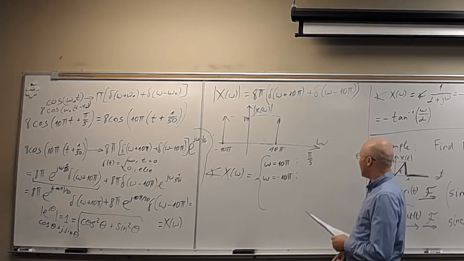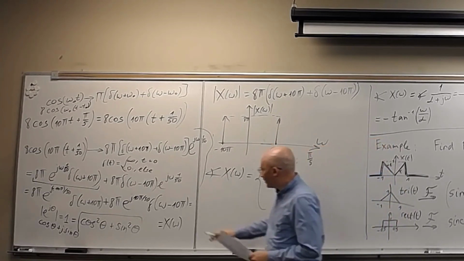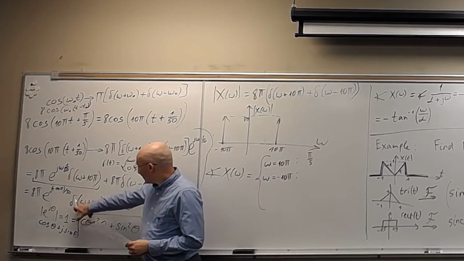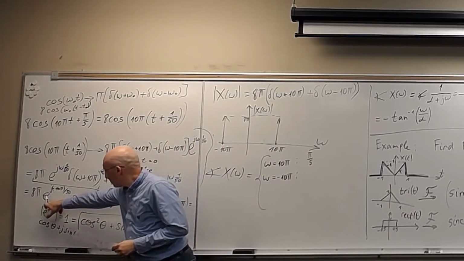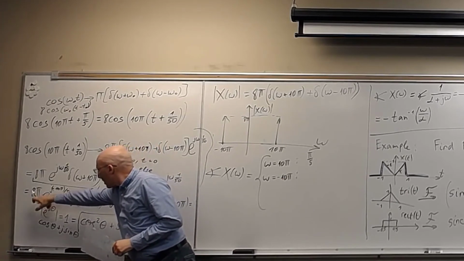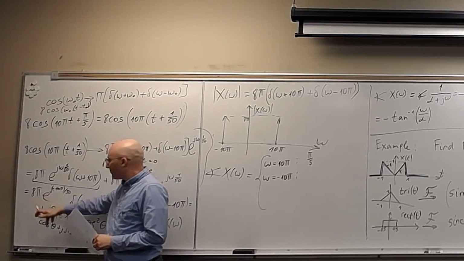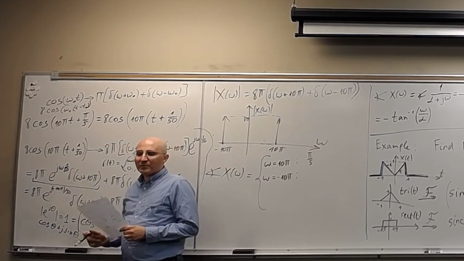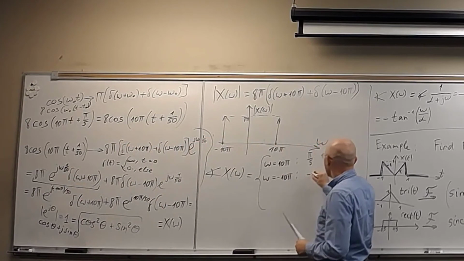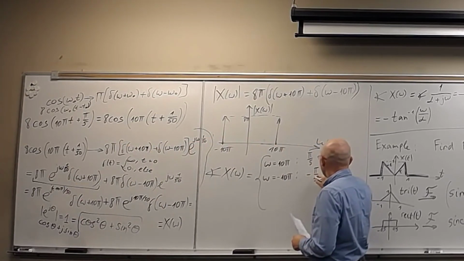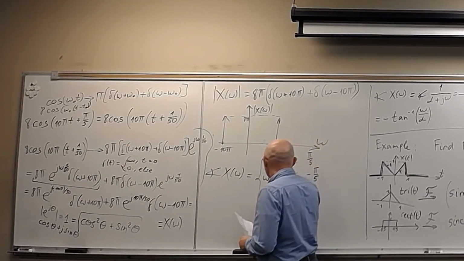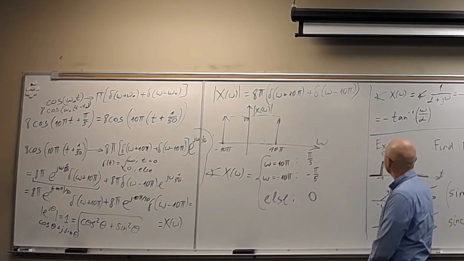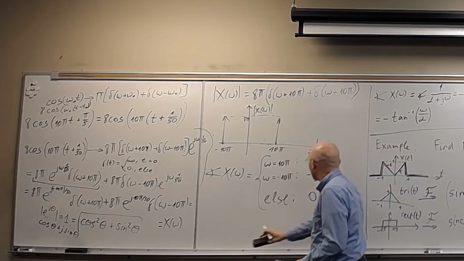How about minus 10 pi? This thing will be 0, obviously, and this will be positive infinity times that thing. This thing is not changing the angle, but this thing is changing it. So it will be minus j pi over 5, so minus pi over 5. Else 0. Okay, so now we just need to plot it.